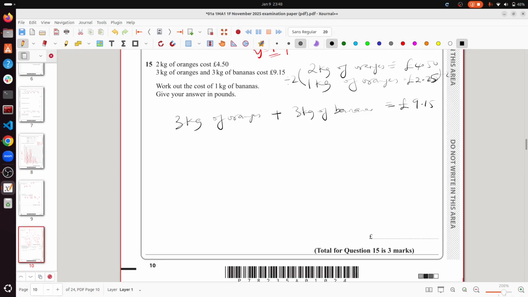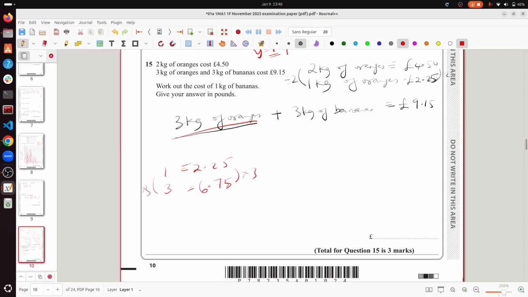will give me £2.25. So 3 kilograms of orange, if one is £2.25, 3 multiplied by 3, that should give me £6.75.